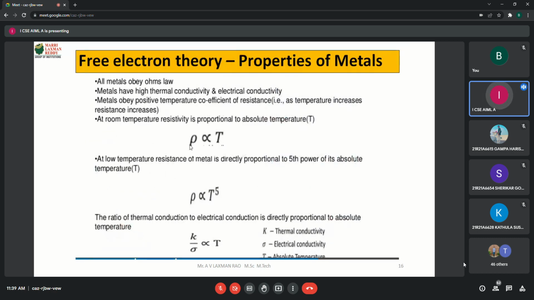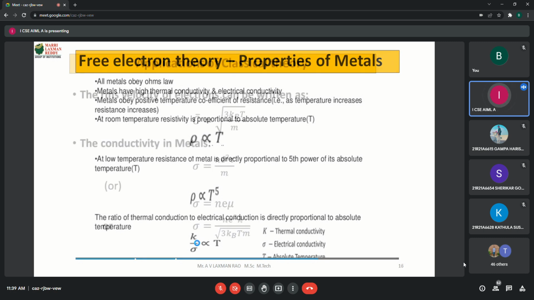According to them, resistivity in metals is directly proportional to temperature, and they calculated that relation as rho proportional to T. Thermal conductivity and electrical conductivity are also explained by this theory, and how they vary with temperature is the relation we call.